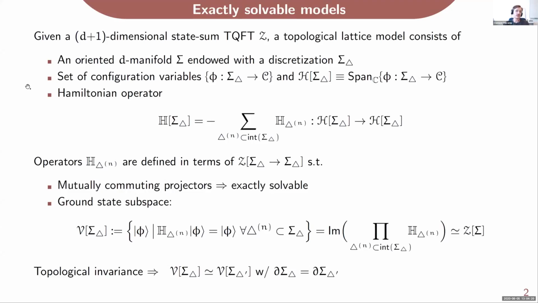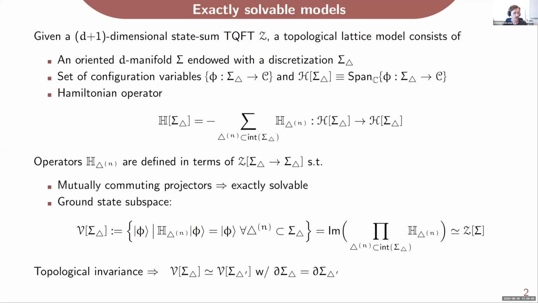Then we need a set of classical configuration variables, which we assign to the cells of our discretization. The microscopic Hilbert space of the theory is then given as the formal linear superposition of these colored cells.